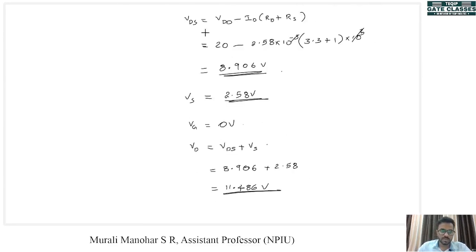IDQ, VGSQ, VDS, VS, VG and VD. VD can also be found out as VDD minus IDRD. So there is one more equation for this. So your arsenal is big now, right? So this is the biasing of field effect transistors.